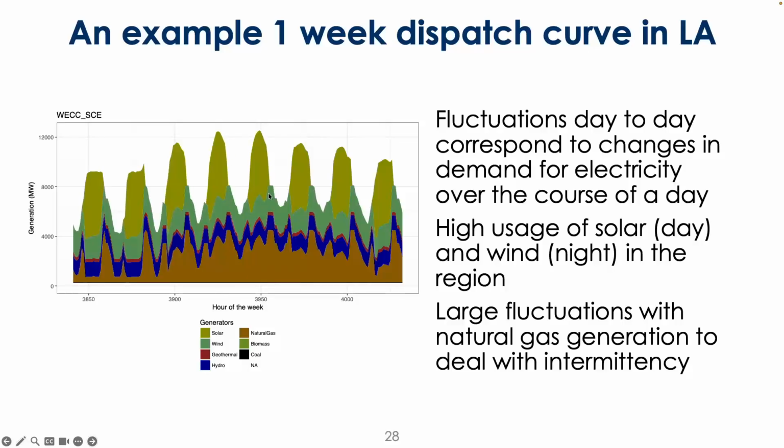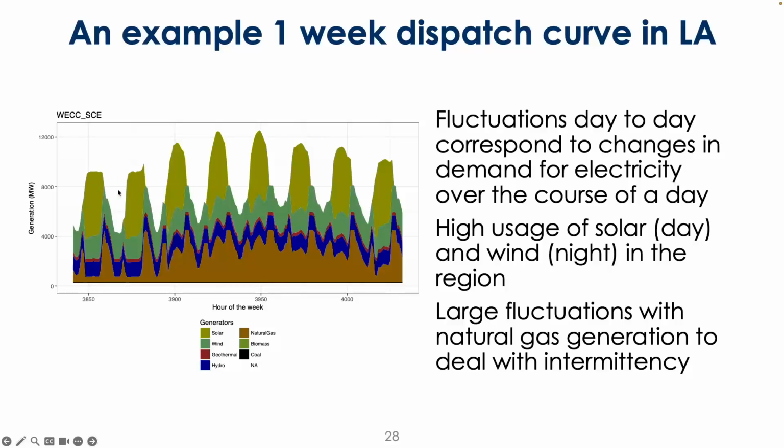So this is what electricity demand actually looks like in Los Angeles, over the course of about a week. Each little hump corresponds to the changing electricity demand over 24 hours.